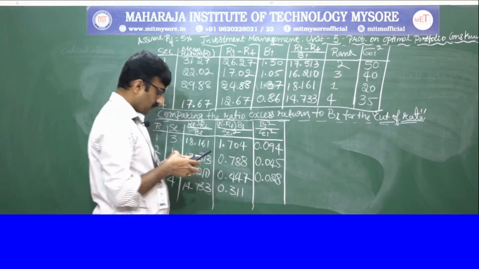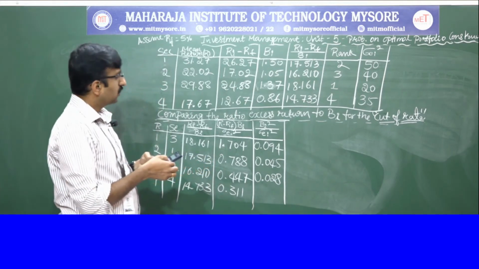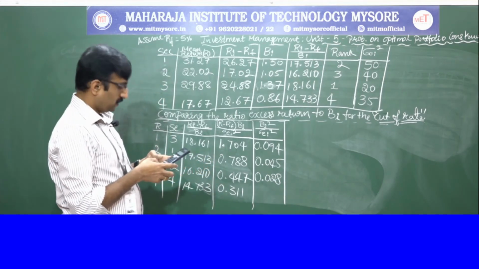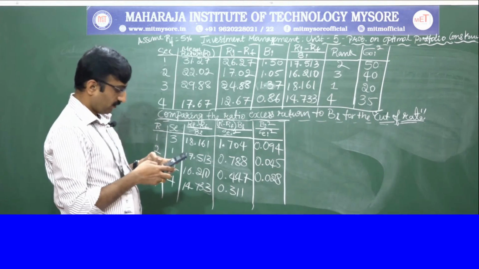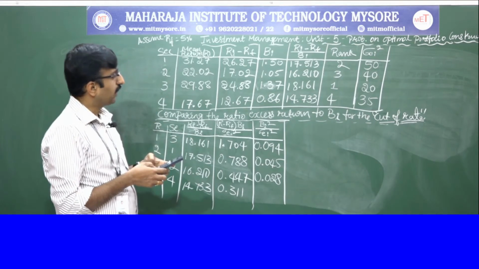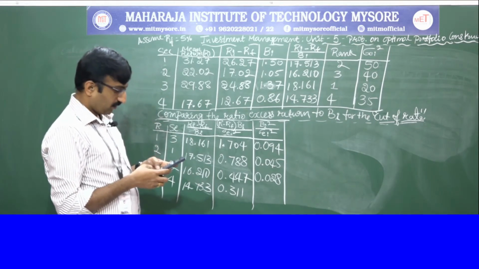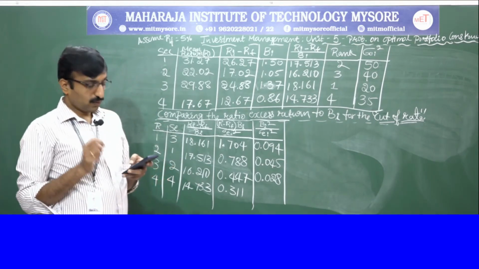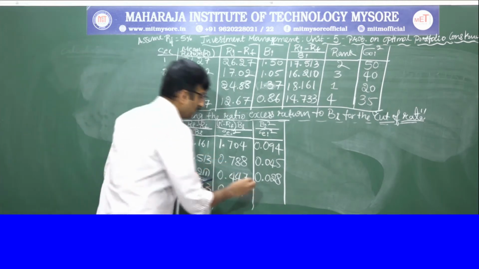0.028. Next 0.3, sorry, next last one, 0.86, square of that is 0.7396 divided by 35. If you do, you will get 0.211.